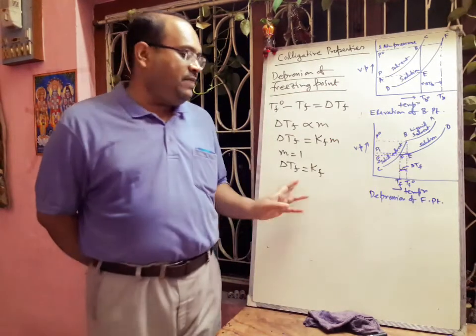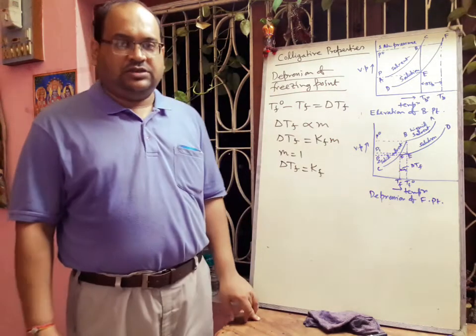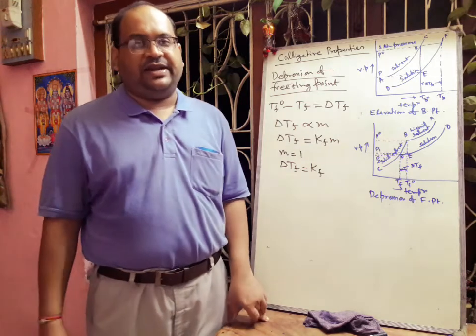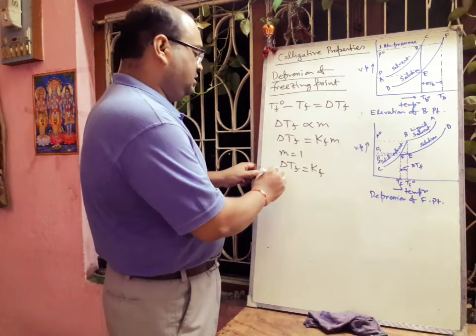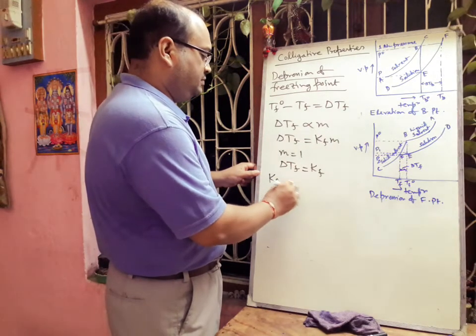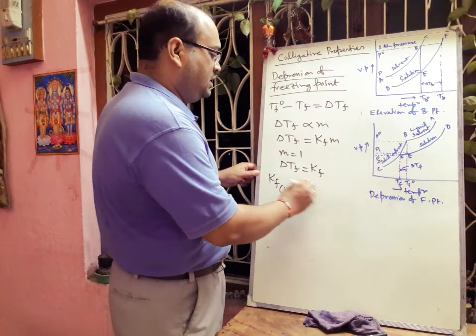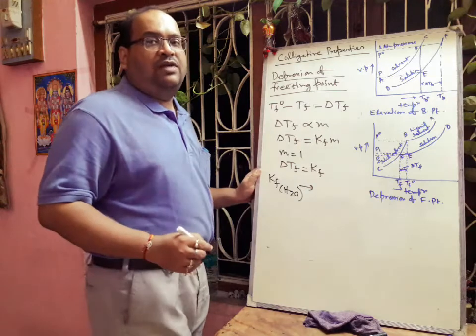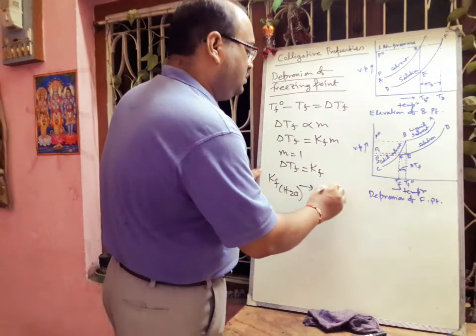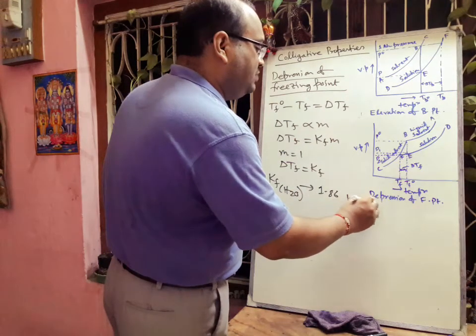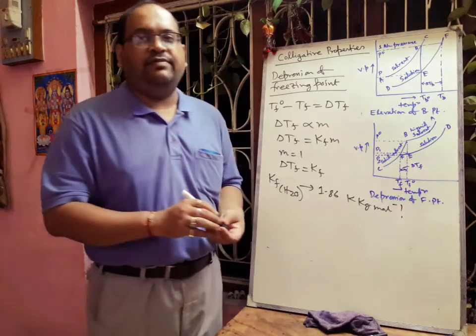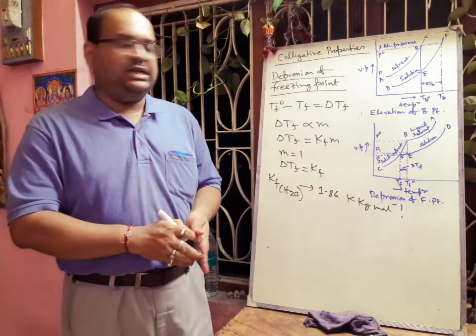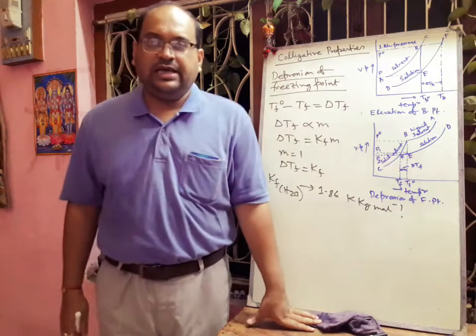Now this Kf value will be different for different solvents. The Kf value for water is 1.86 Kelvin kg mole inverse. Try to remember this value for water, because sometimes it may not be supplied.